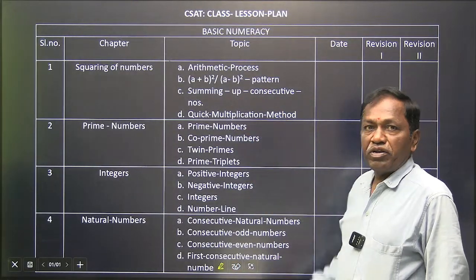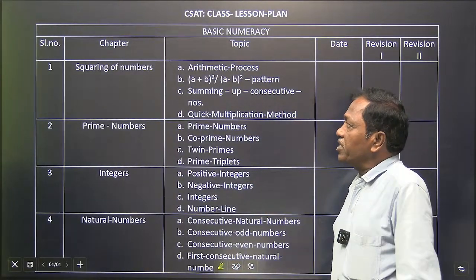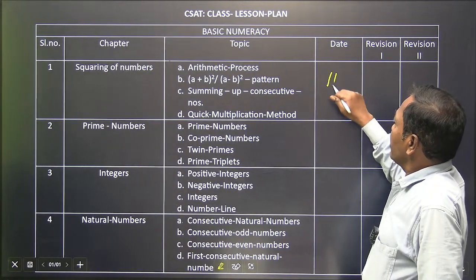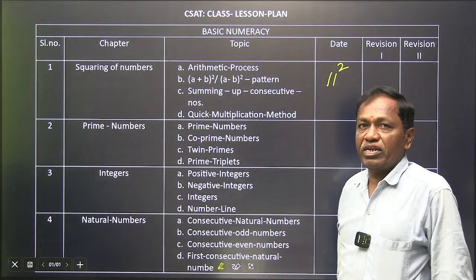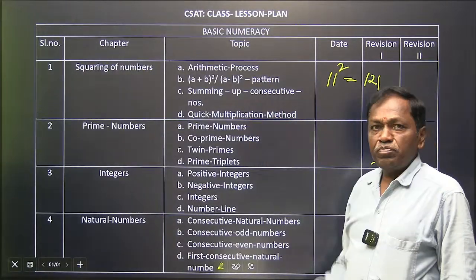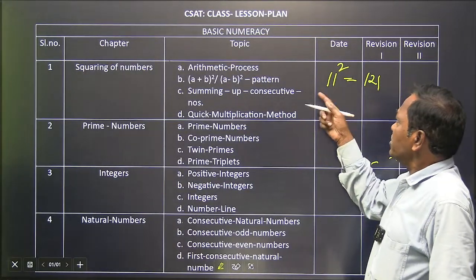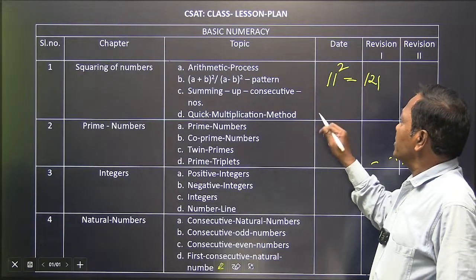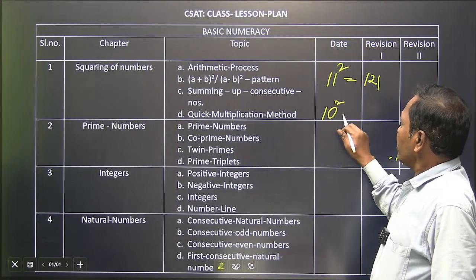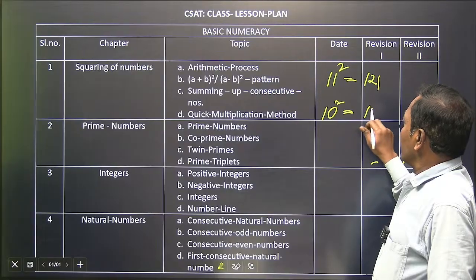Summing up consecutive numbers. This is another easiest method. But say for example, now 11 square. We know 11 square is 121. Based on this method, how can it be done? The nearest round figure is 10. 10 square is 100.